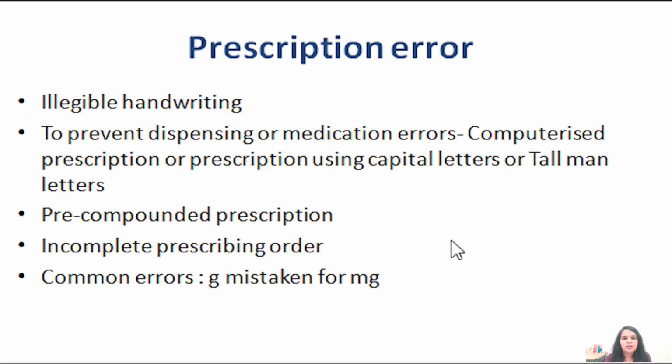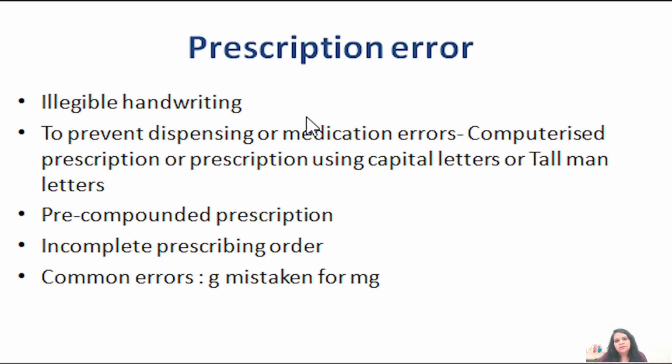Now coming to prescription errors. These are the common prescription errors which you should always avoid when you are writing the prescription. The most common error is illegible handwriting. If the pharmacist cannot read it properly, then it can lead to errors in dispensing the medicines. So to prevent this dispensing or medication error, computerized prescriptions or prescriptions using capital letters or tall man letters are routinely used nowadays.